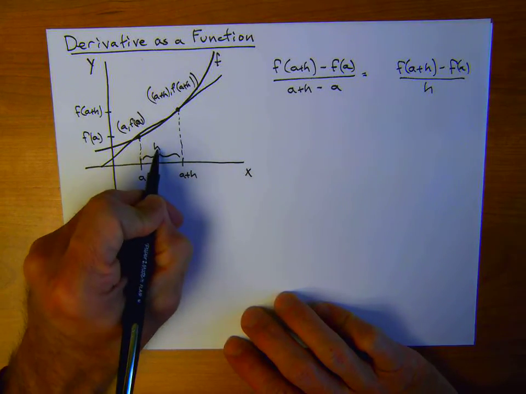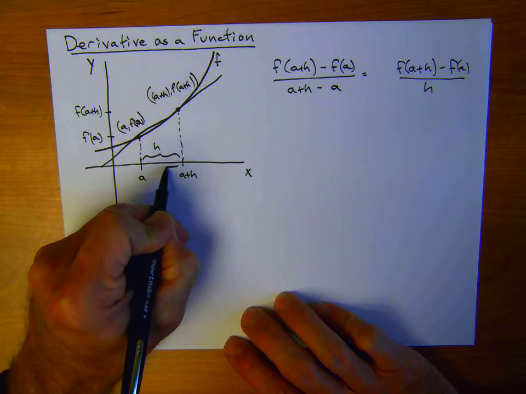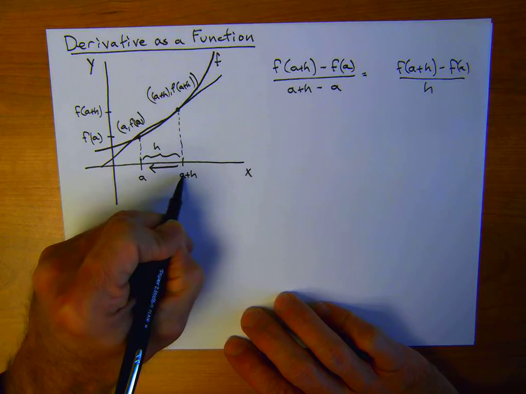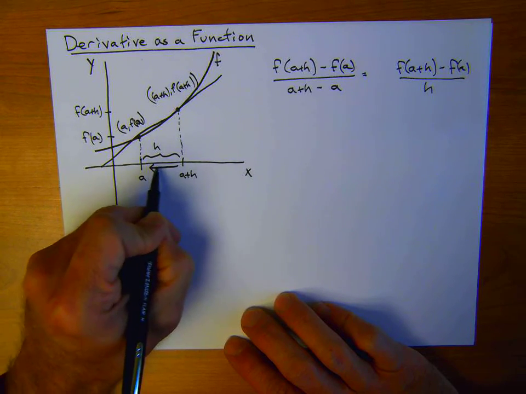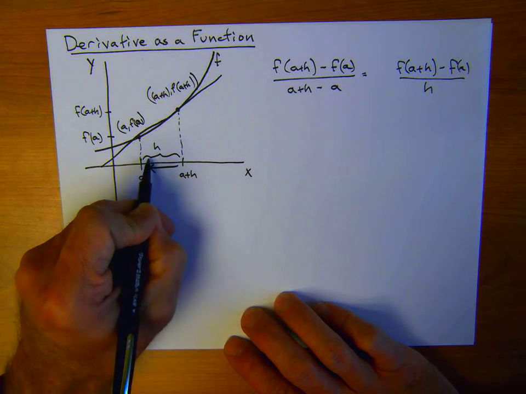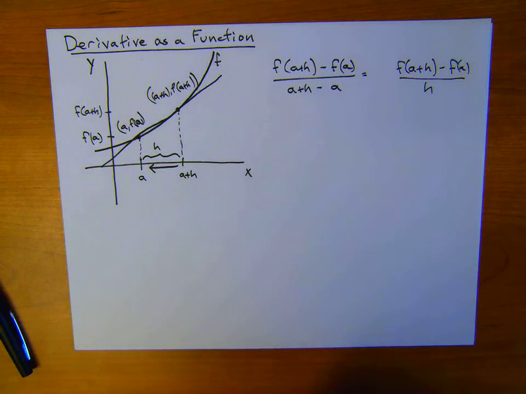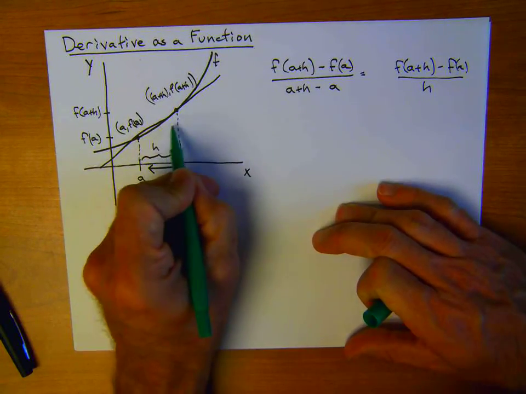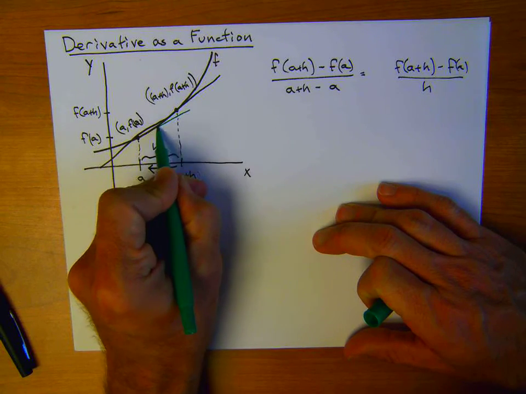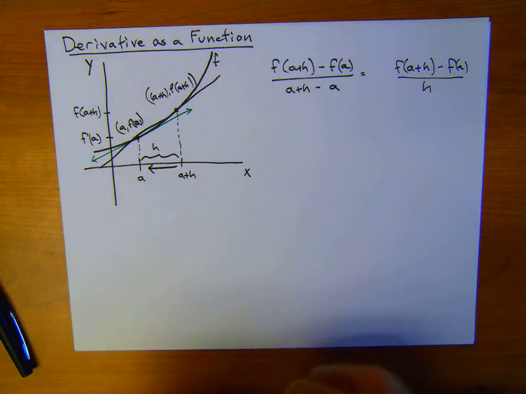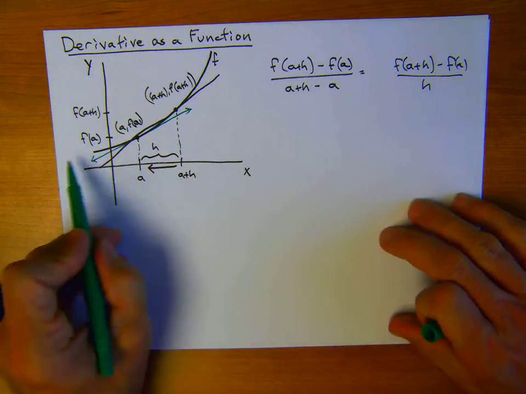But if I let this H here, this distance, go to 0, that gets smaller and smaller so that the difference between A and A plus H, this interval, becomes smaller and smaller, then that's basically taking the limit, and the limit would be the slope of the tangent line.